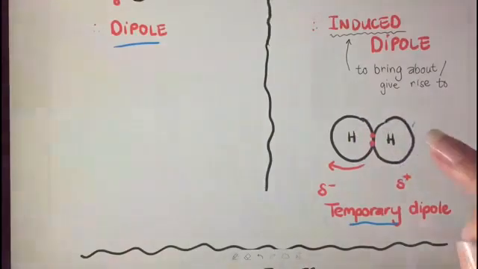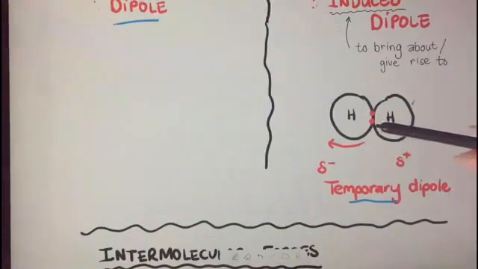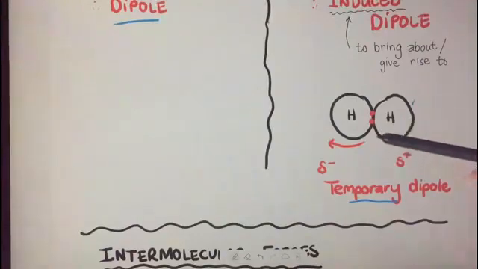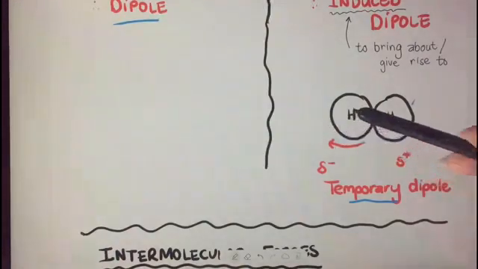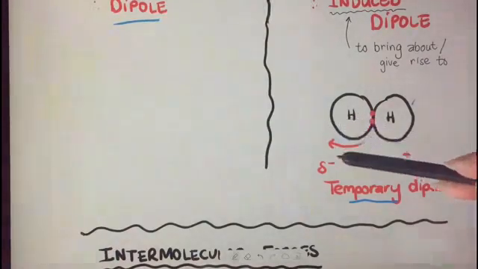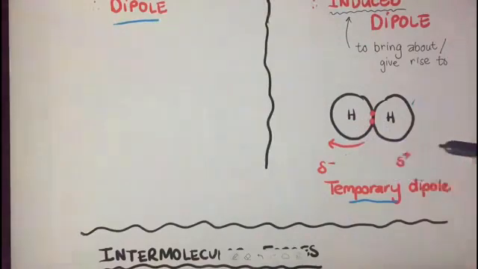But what actually happens is electrons are not stuck in one position. They move in energy levels around the nucleus of the atom. So at some stage, the electrons could be more to the one side of the molecule, which makes this side of the molecule slightly negative, and the other side will end up being slightly positive.